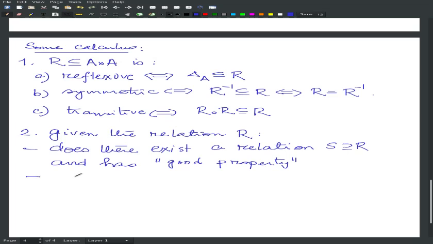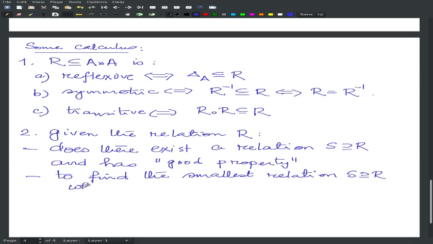Usually we always want to find the best such. So to find the smallest relation S which has the good property.